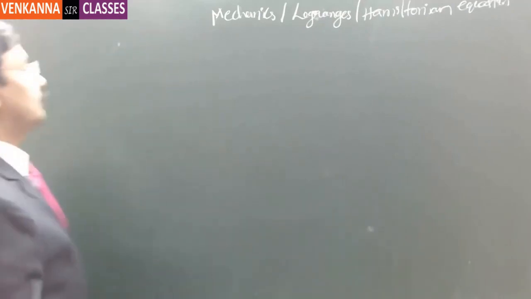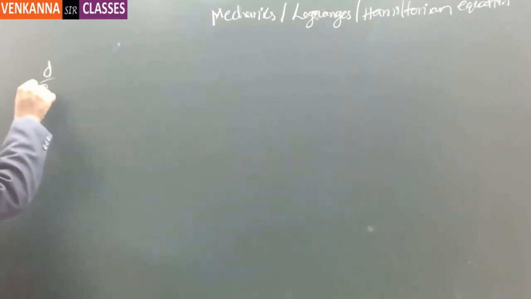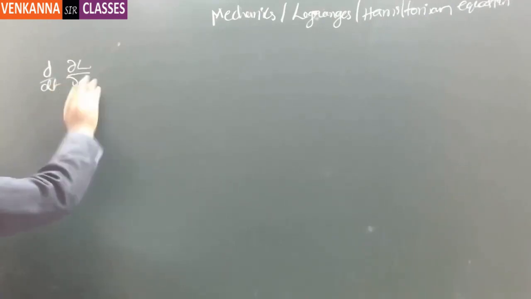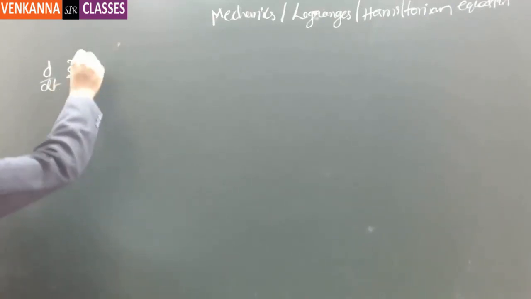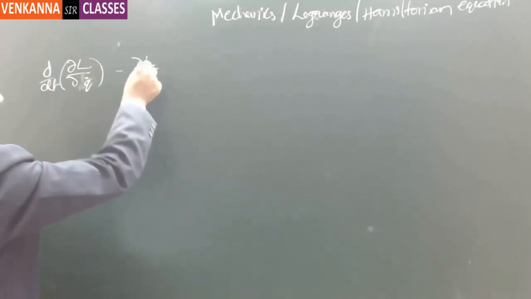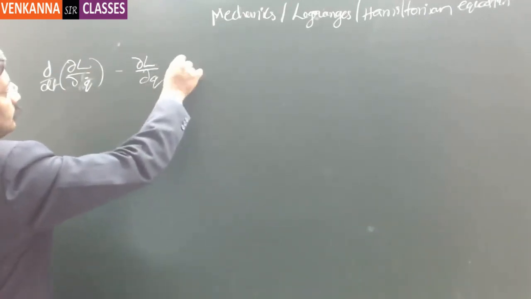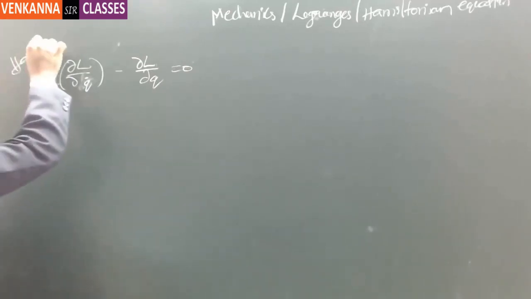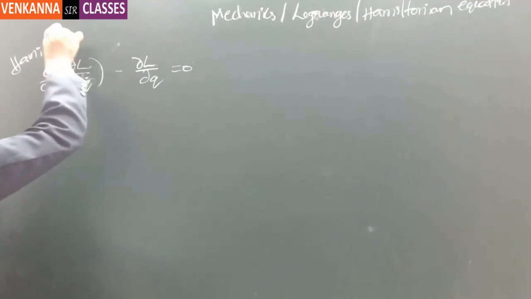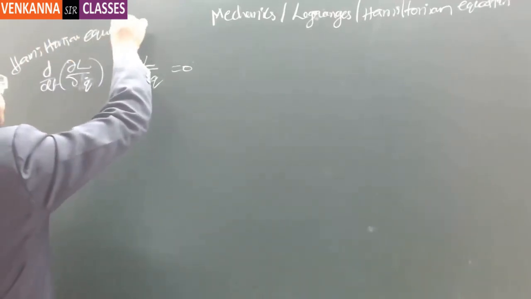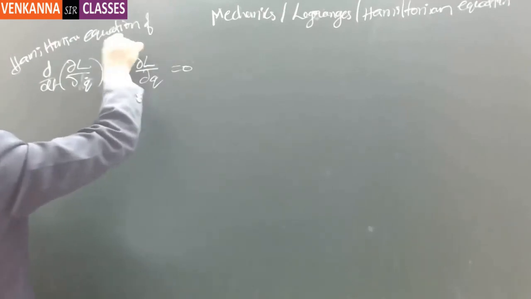What we learned is d by dt of dou L by dou theta dot, or q dot in general, minus dou L by dou q is equal to 0. So this is the equation of least action.